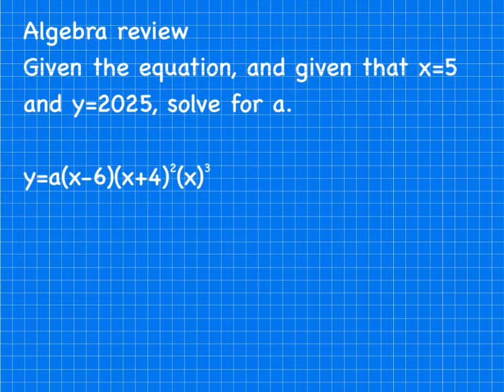So we start this section with just an algebra review. So if you're watching this for instructional purposes, I would take a moment, pause the video, and try this problem on your own where you are trying to solve for A. If you haven't paused and you're just continuing watching, we'll just go ahead and do that. So I know x equals 5, I know y equals 2025.